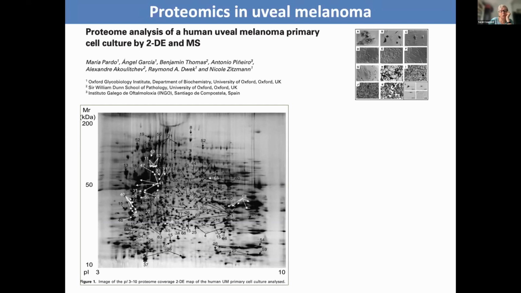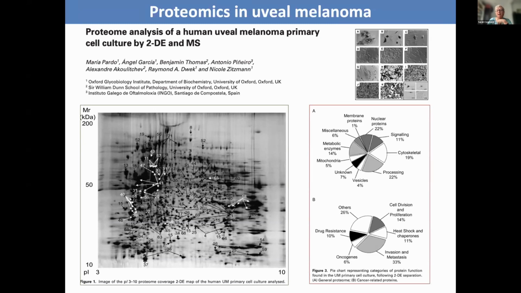And a good 90% of these were novel when it came to understanding uveal melanoma. And they could be broken down into their location within the cell, but also in terms of the function. And there are recurring themes, and one that includes heat shock proteins.